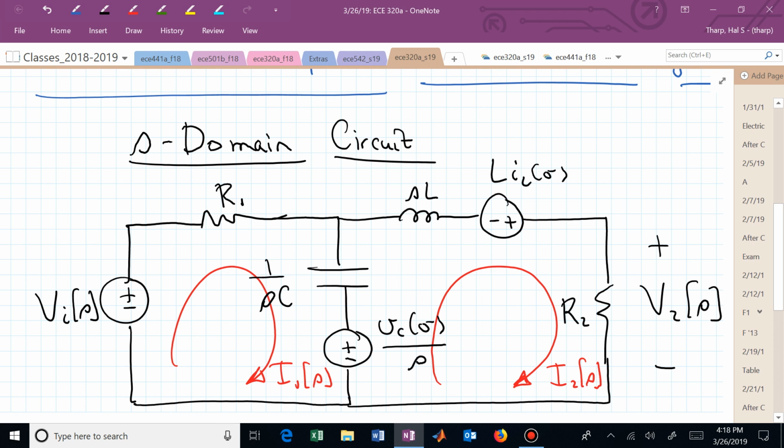So now I'm just saying, look at the polarity on that source and say, okay, if I made L I sub L bigger, would that make I sub 2 bigger? Yes. So those two voltage sources are going to be coming in with a positive sign on the right-hand side of that second equation.